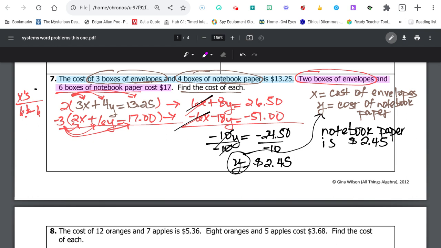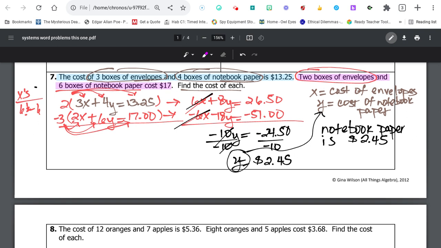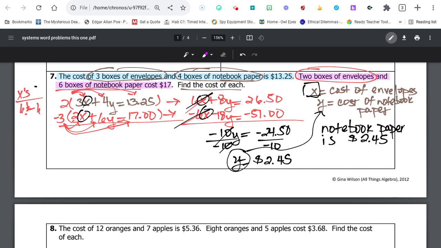Now I just need to find the cost of the envelope. Okay, so the cost of the envelope, that was X. Just find an X. You can use this X, this X, this X, or this X. I don't care. Let's use this X, the X in this equation right here. 2X plus 6Y equals 17.